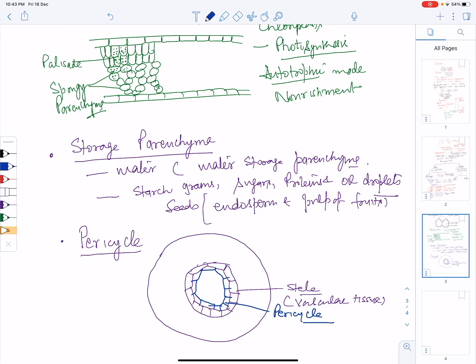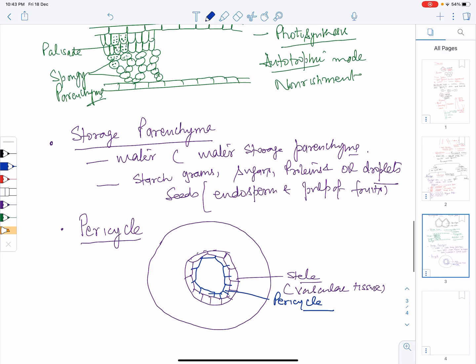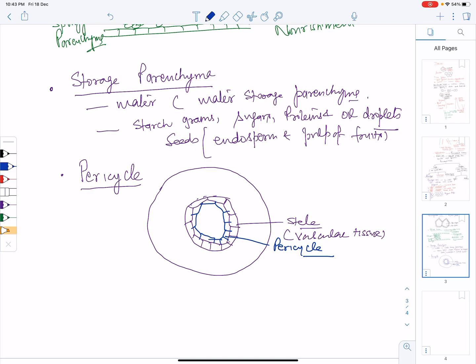So parenchyma cells help in formation of pericycle, and cells which are forming pericycle are parenchymatous in nature.